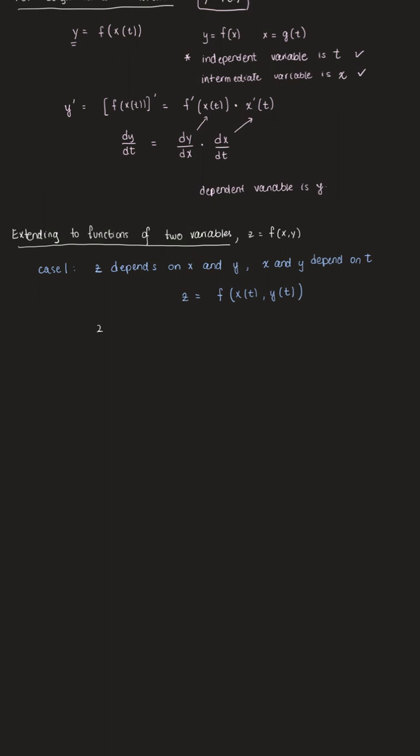So because z depends on x and y, and x and y depend on t, z is our dependent variable. X and y here are both considered intermediate or intermediary variables because they both depend on our independent variable, which is t. So t is the independent variable.